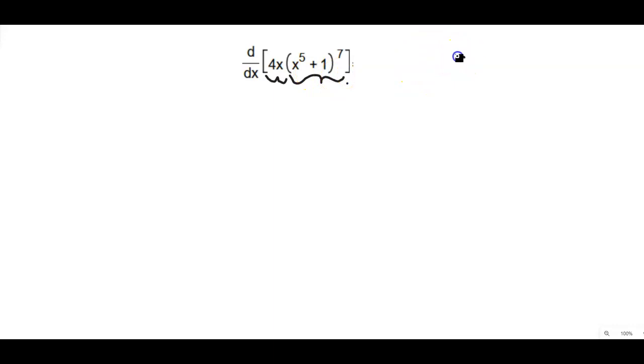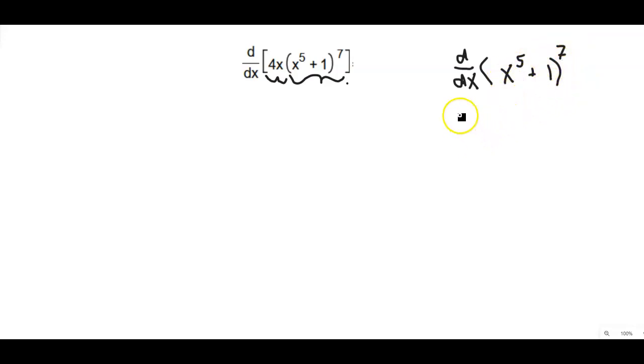Off to the side, what is the derivative with respect to x of that second part that we're going to use later in our problem? So x to the fifth plus 1 raised to the seventh power. Again, it's just a chain rule problem because we have a function raised to a power, so we do the derivative of the outside function times the derivative of the inside function.